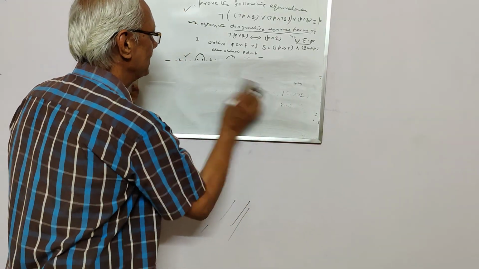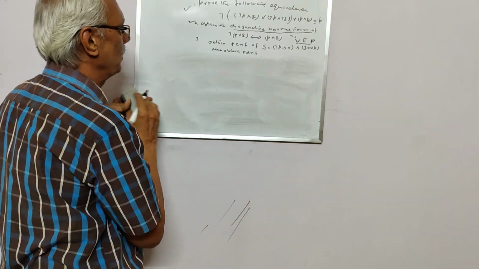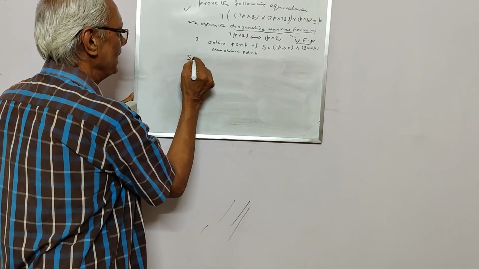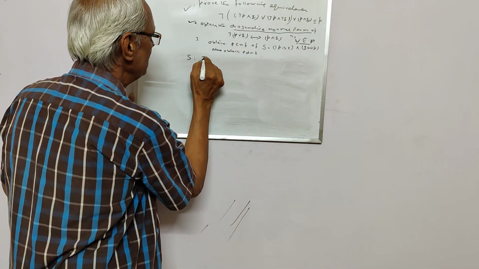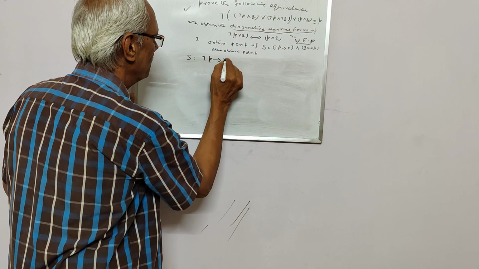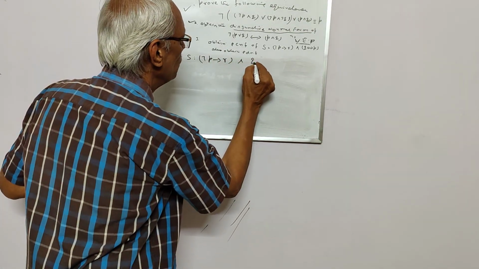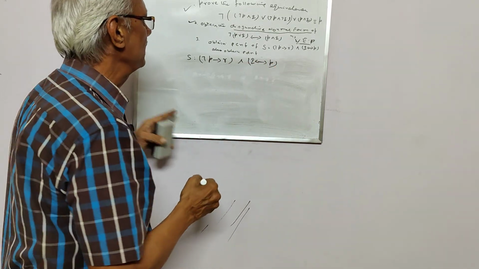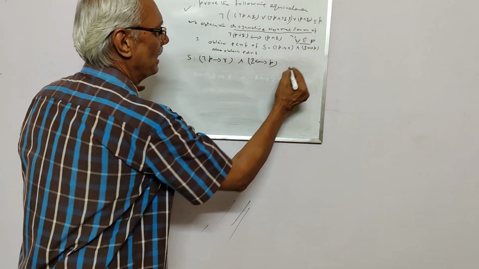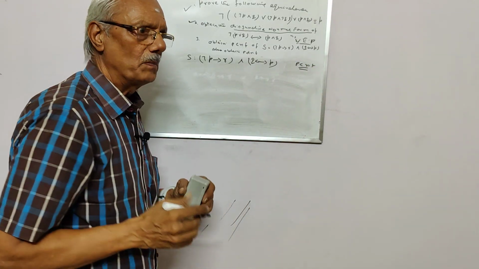See, third problem, as I told you. Here you have been given that S is negation of P implies R, and it is Q two-way implication of P. Now what are you asked to find? PCNF. What is the meaning of PCNF?